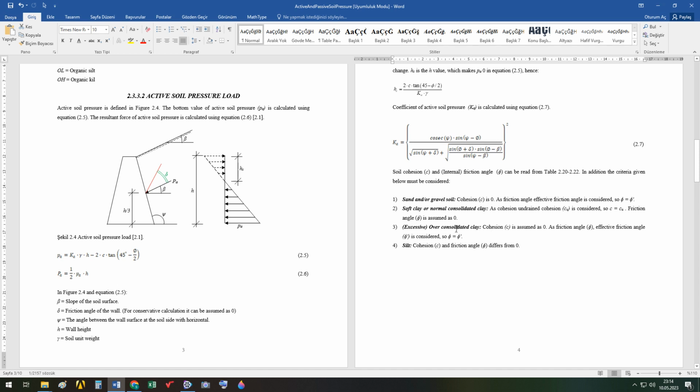As friction angle, effective friction angle is considered. For silt, cohesion and friction angles differ from 0. Let me check if this is a cohesive material, consolidated clay. So cohesion is assumed as 0. Let me check if it is true or not.